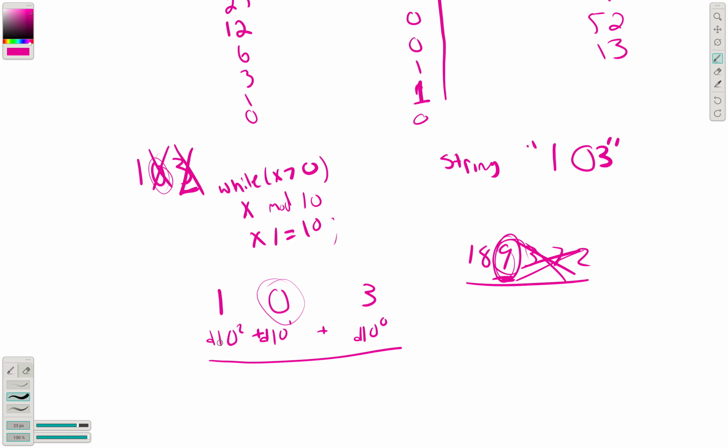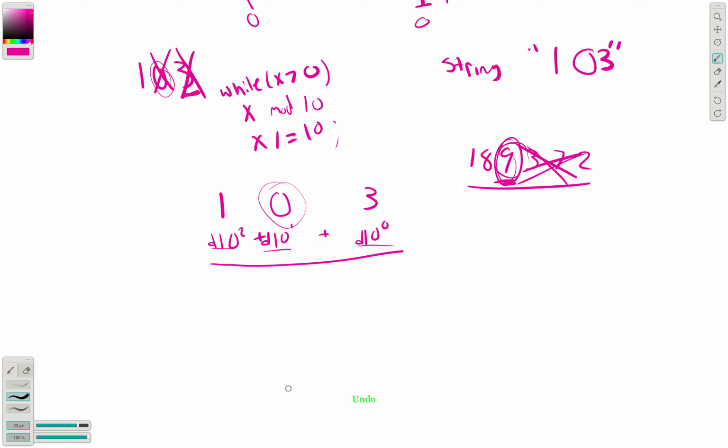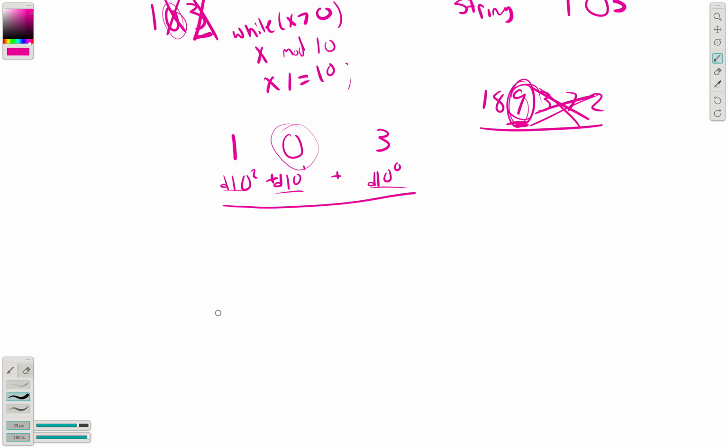If your numbers look like this, I'd like to represent them like this: 1 times 10 squared plus 0 times 10 to the first plus 3 times 10 to the 0.